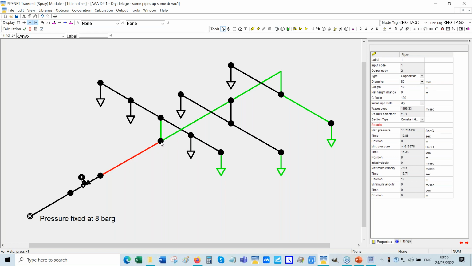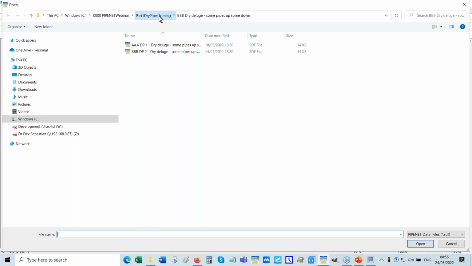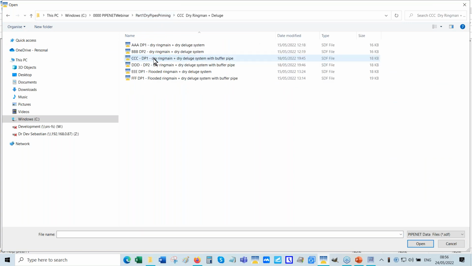In other words, the elevation difference between the location of the nozzles and the deluge valve, keep it as low as you can, because an elevation change in that pipe can lead to very long discharge times. Okay, so that's the main point about this example here. And this here is a dry ring main.